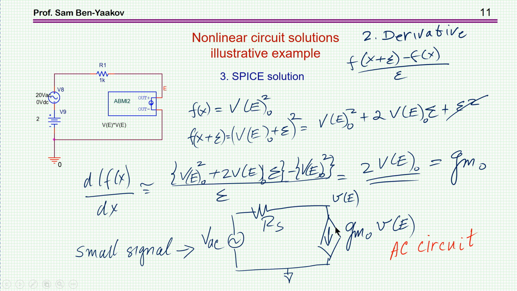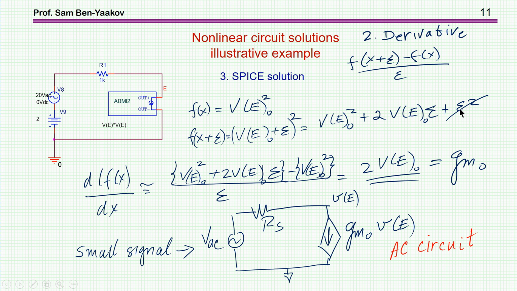So the next thing would be to do it on the actual function that we have. Here is the function, which is v squared. We add epsilon to x, that is, by adding epsilon to V, and now this is squared, which comes to be v squared plus 2v epsilon plus epsilon squared.